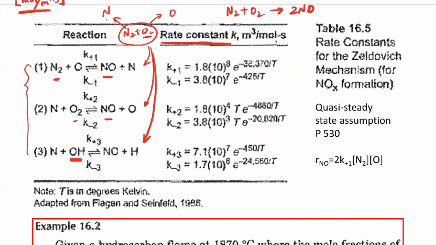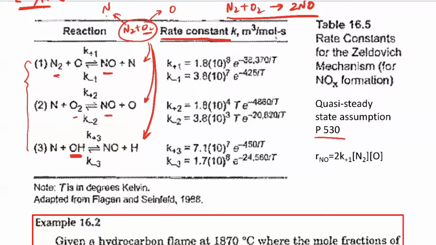Okay, so for this reaction here, if you read through the textbook, page 530, we can also make some assumptions regarding the formation rate of the nitrogen radicals. So we made an assumption called the quasi-steady state assumption.